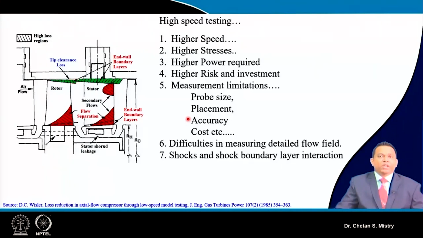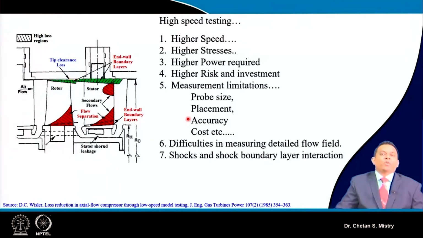Then the accuracy: suppose my rotor is rotating at 15,000 rpm, the per blade movement we are measuring will be in microseconds or nanoseconds. You need data acquisition systems which will capture all this flow physics. Then the cost criterion comes into the picture.